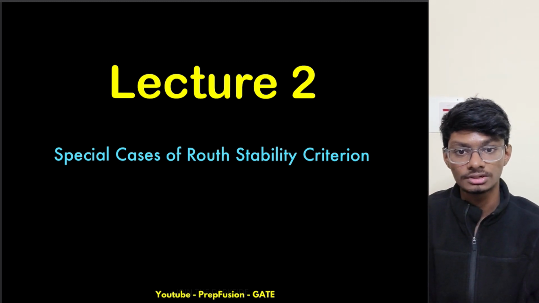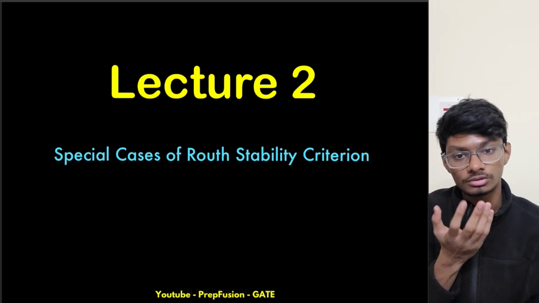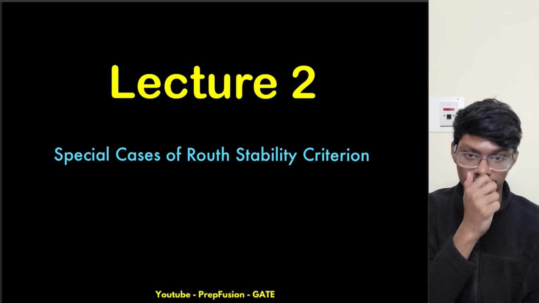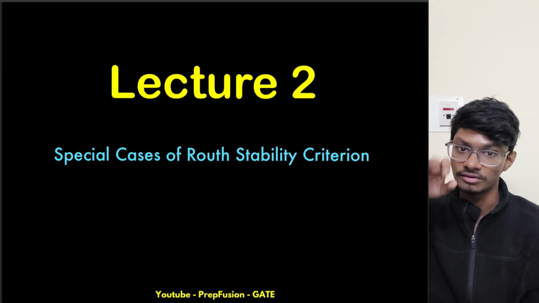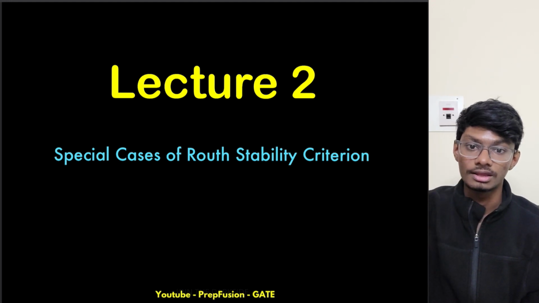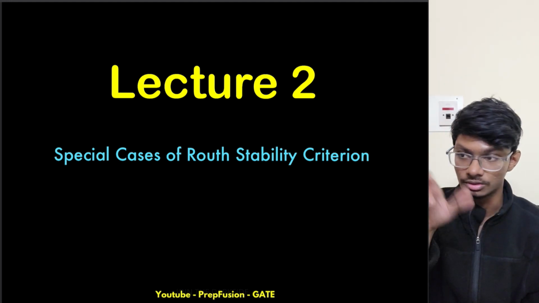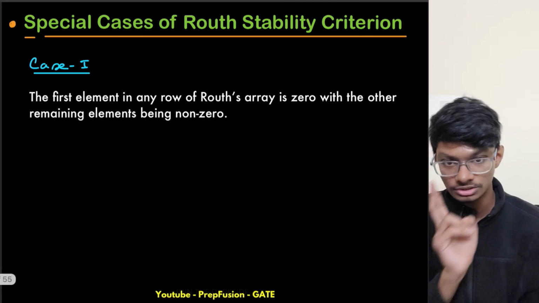Are they imaginary or lying on the right hand side of the S-plane? So that we'll understand. Also, if the whole row becomes 0, then what happens? We'll see. So we'll have two cases.